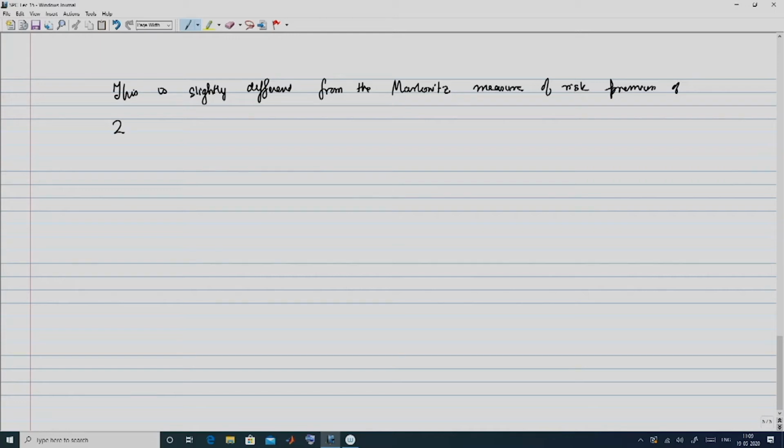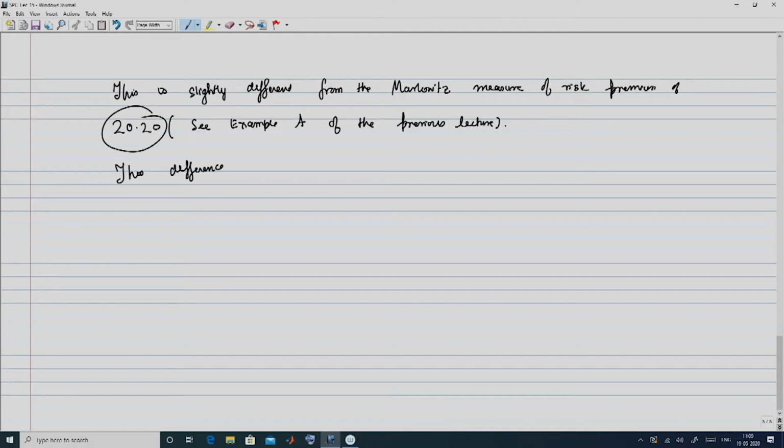So, you please see example A of the previous lecture. Now, this difference of 20 and 20.20 may be attributed to the errors that creep in because of the Taylor series approximation. So, this is some sort of a truncation error.